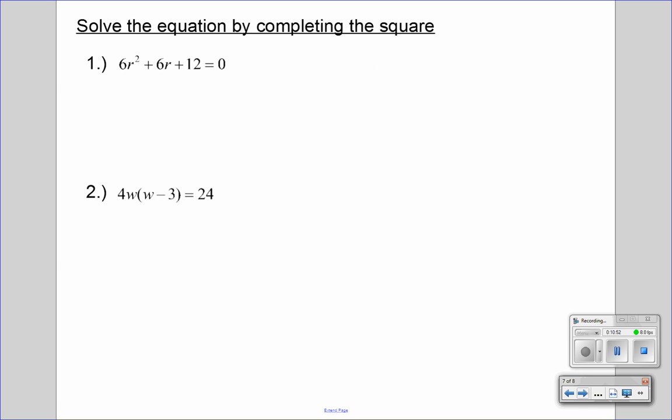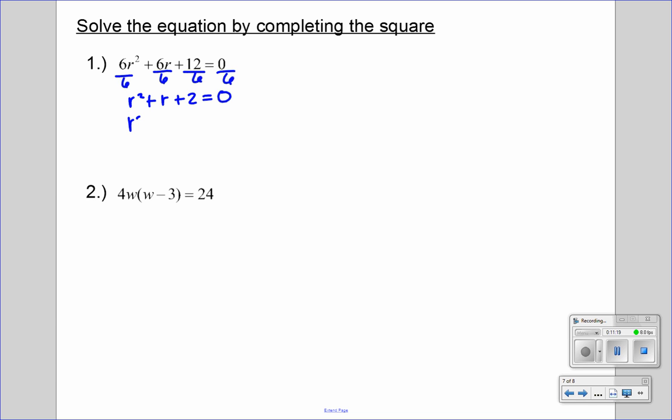All right, okay. So now if we look at number 1, first of all, we have to isolate the a and the b, and also our leading coefficient is not 1. So to get our leading coefficient to be 1, I'm going to divide by 6 first. Divide everything by 6. So we now have r squared plus r plus 2 equals 0, but we still need the a and the b to be by itself.